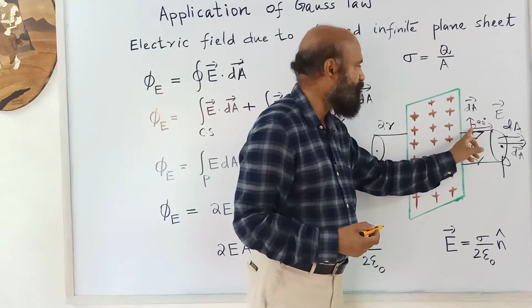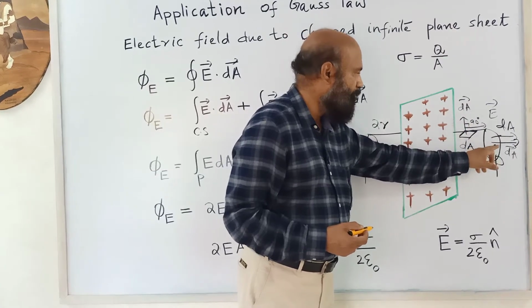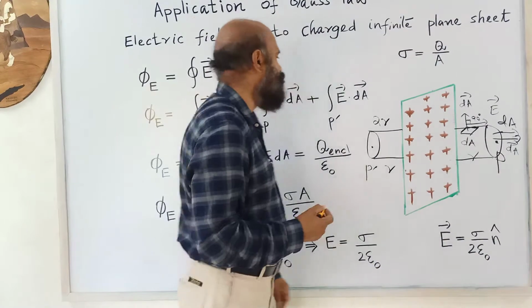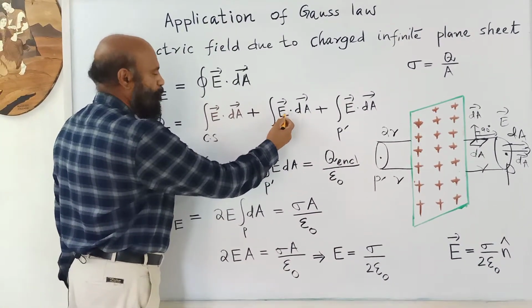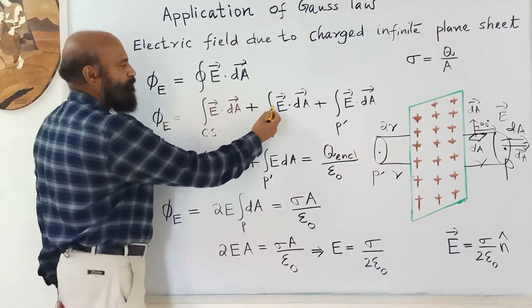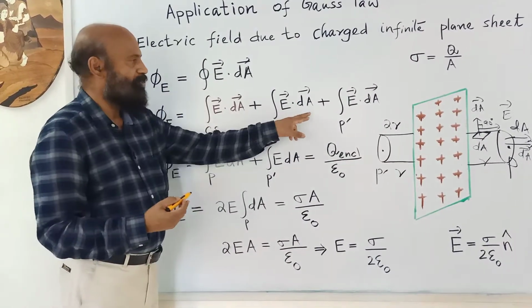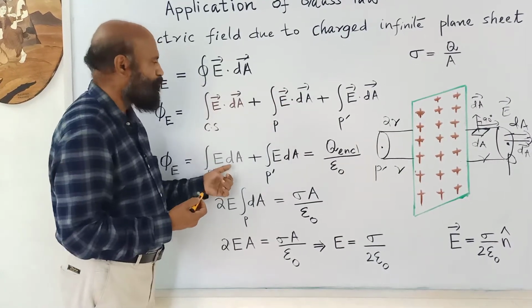Area vector this side, electric field this side. Here it is parallel, so theta is 0 and cos 0 is 1. So this term will become E dA.